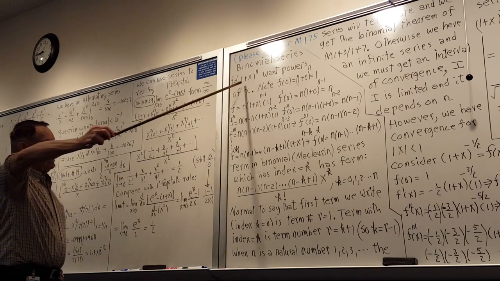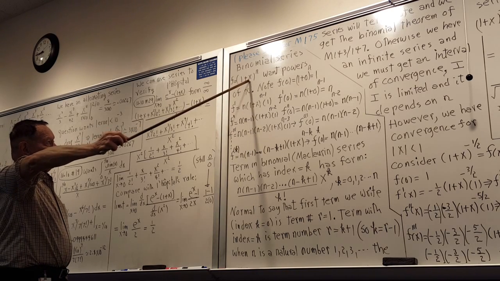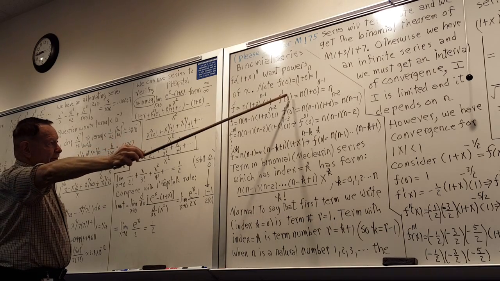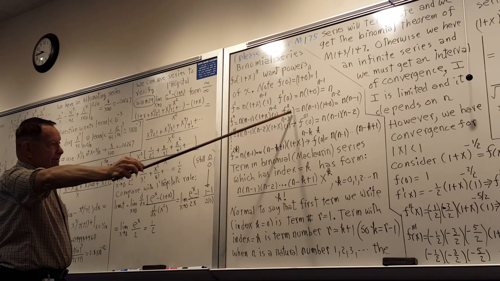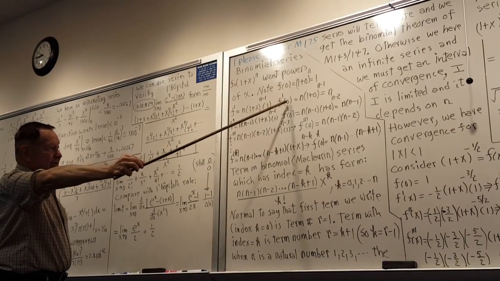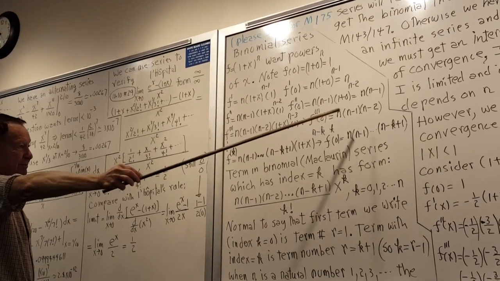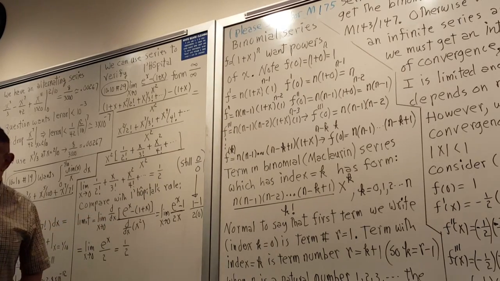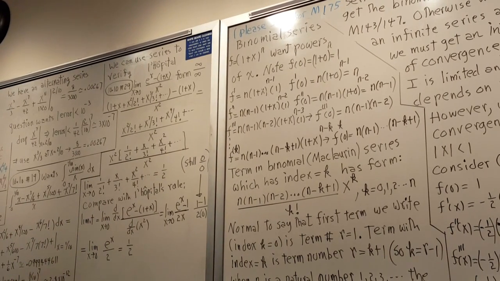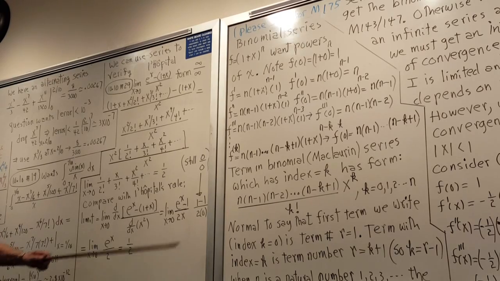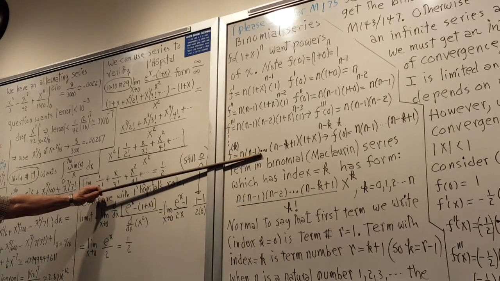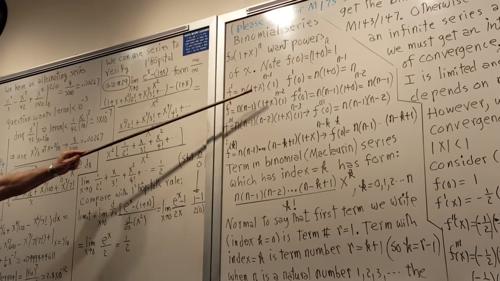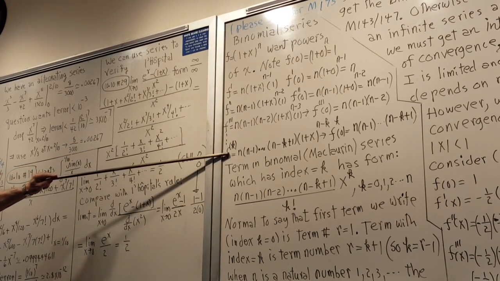So it's important that you work with a binomial series in the form 1 plus x in order to be able to say all these statements. F prime of 0, f double prime, f triple prime at 0 will just be the product of the n, n minus 1, n minus 2, and so on. So we have our general formula here.